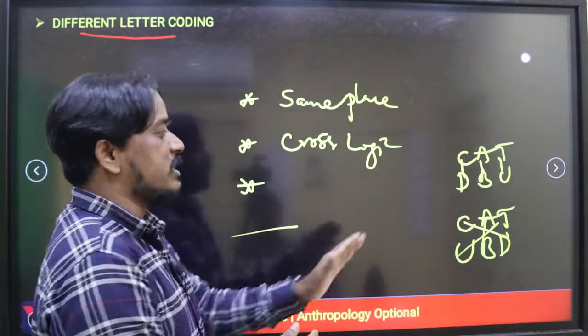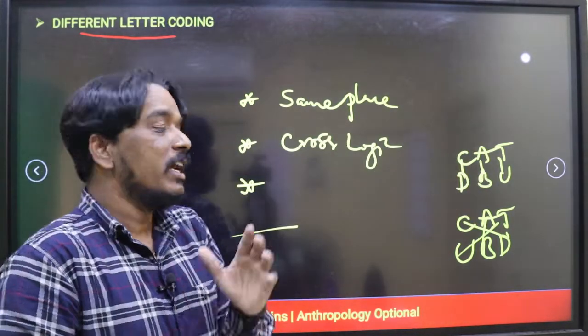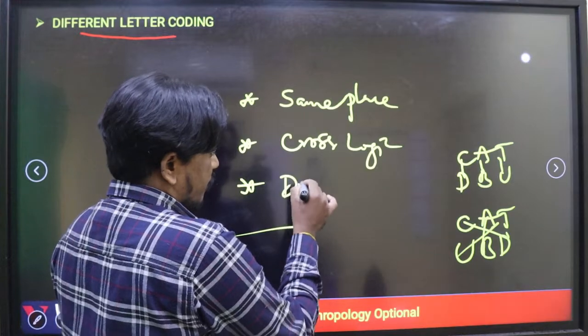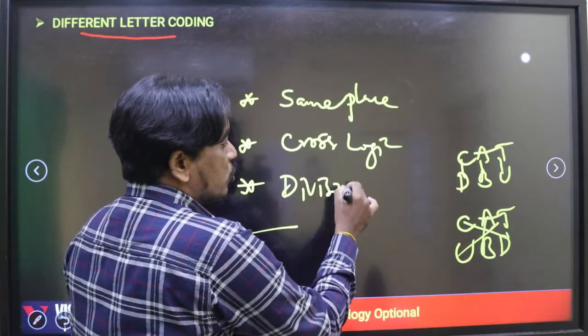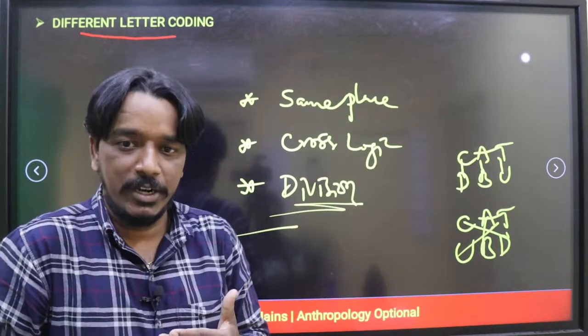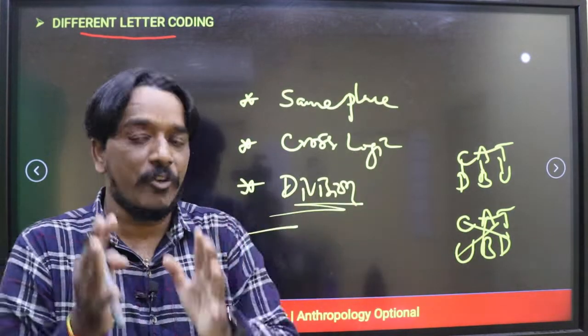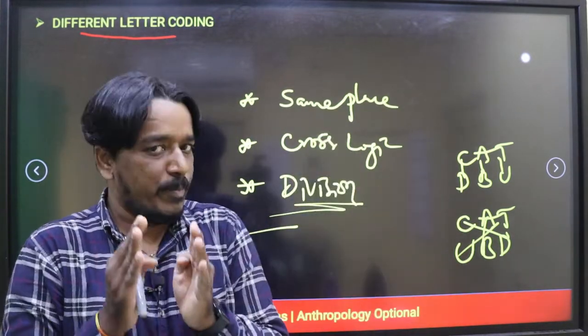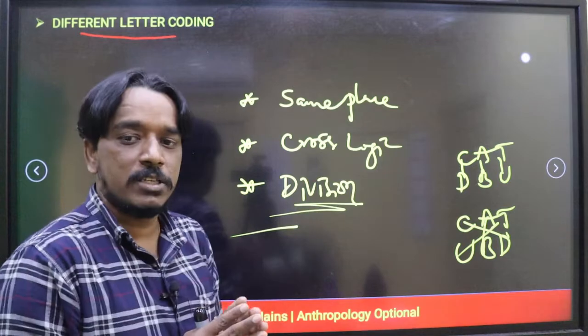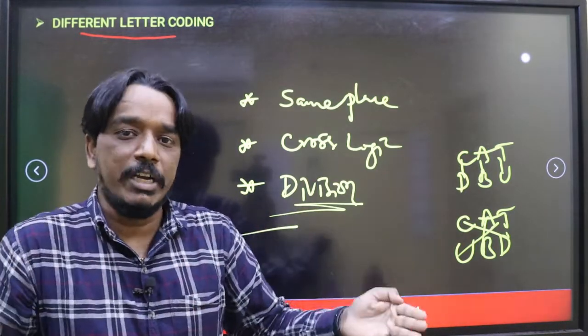Another one, if these two are not working, is division logic. The total number of letters we have to divide. In the last session we solved some questions, even a 2016 pattern question, related to division logic. The number of letters they will divide into half.